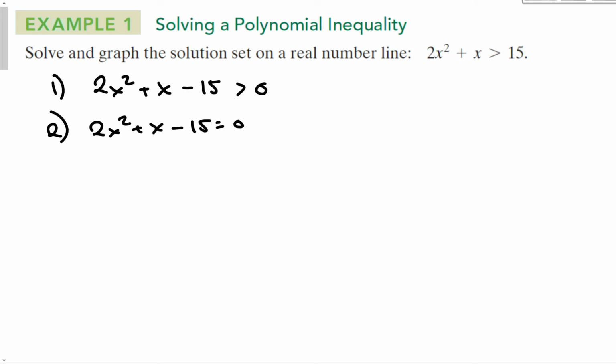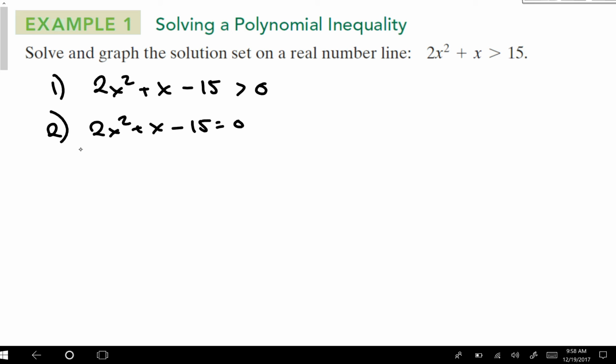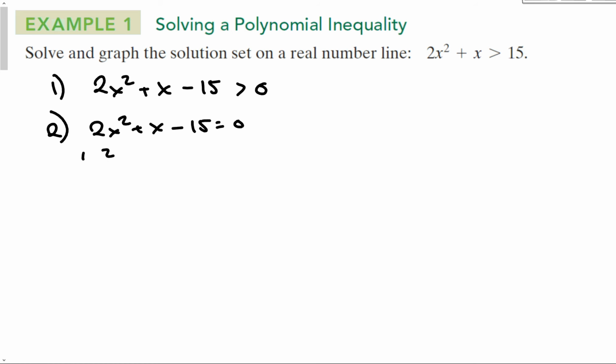Okay, well, I could try to use the quadratic formula if I have to, but I don't because this actually factors, right? So I have the factors of 2, which are 1 and 2, factors of 15, 1 and 15, 3 and 5, and I see that if I multiply 2 times 3 and 1 times 5, subtract those answers, I get 1.